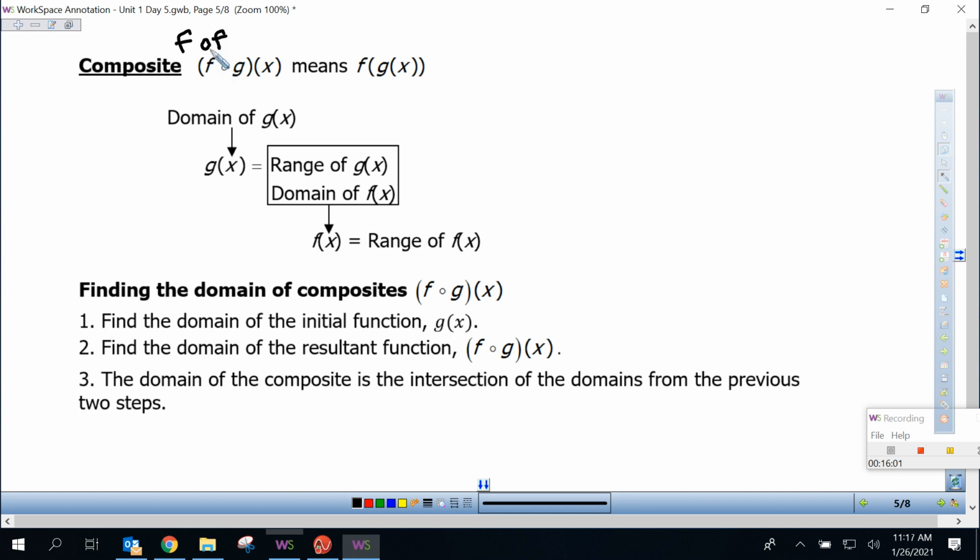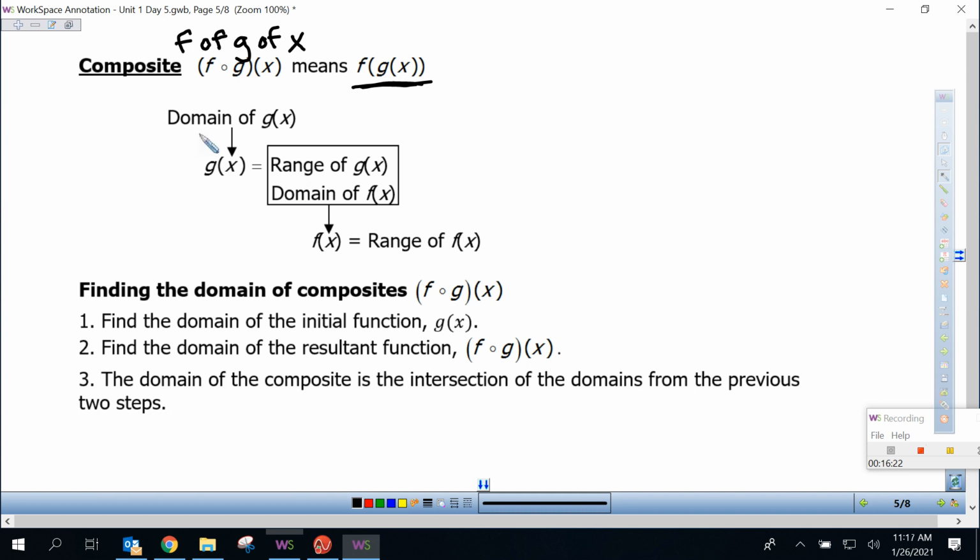That little circle means "of", so the function f is composed of the function g. And then another way to write it is the way that we were seeing it in those previous examples. So if you see f of g of x, that means it's a composition of functions.